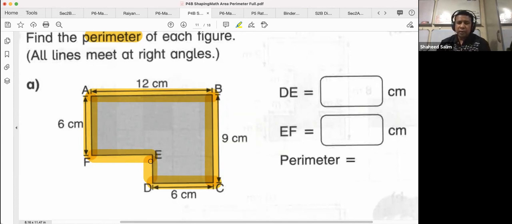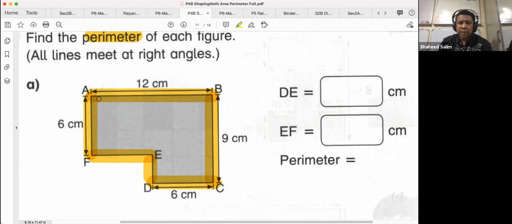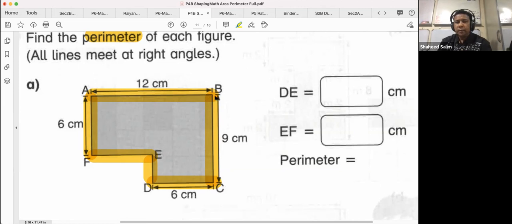DE. DE is not 12. DE here. You see, down here is 12. This one is 9. This one is 6. So now below it will be how much? 9 is the whole thing. Minus 6. You get 3, down here is 3. Okay. Down here is 9, right? From here to here is 9.